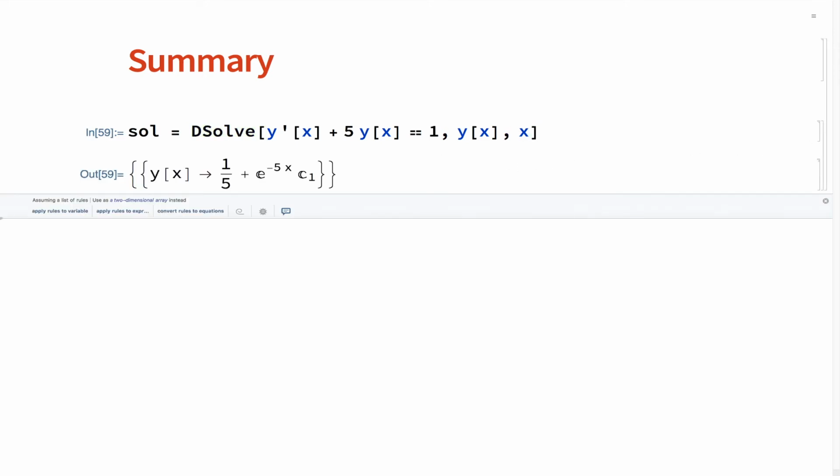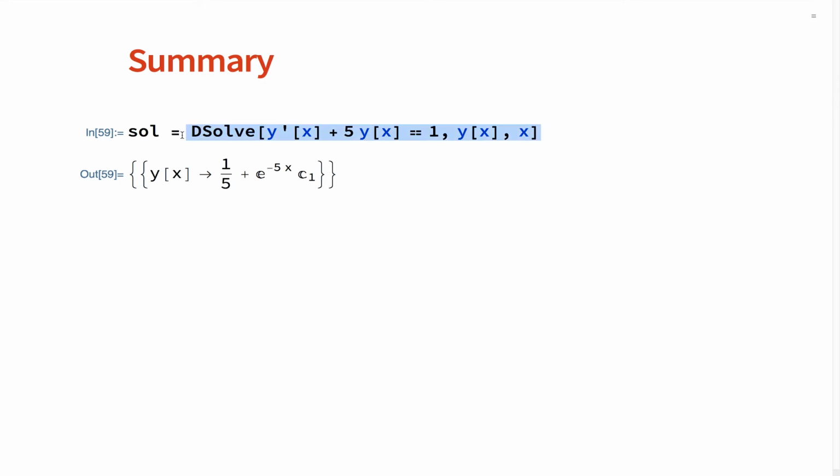We did it using y[x], and you saw that the output for Dsolve is a list of solutions for the differential equation, and there is a coefficient C1 because no initial condition was specified. But if you want to use this solution for further work, I said that instead of y[x], we have to use y.